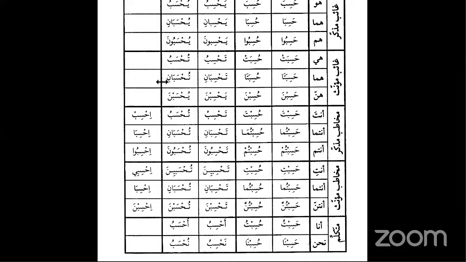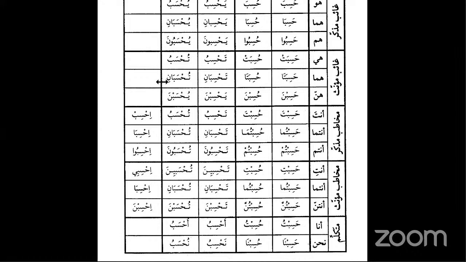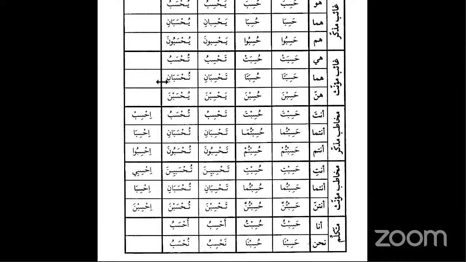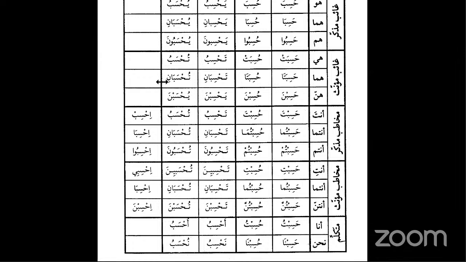You two count: ihsiba. Then tahsibuna, masculine plural, you all are counting. We remove the noon and the ta; instead of ta, it's hamzatul wasl with kasra. Ihsibu, you all male count.